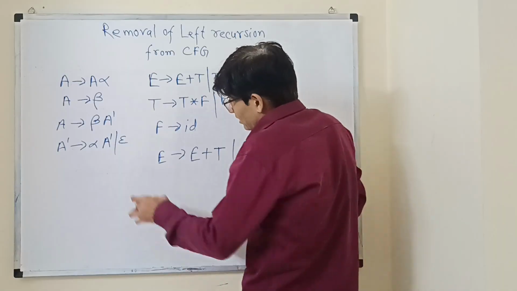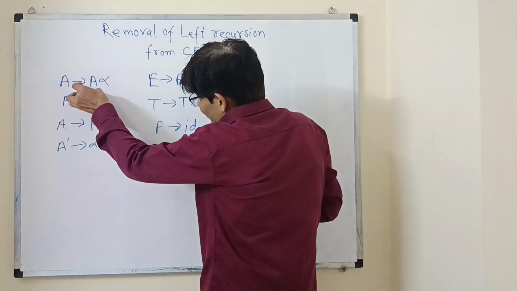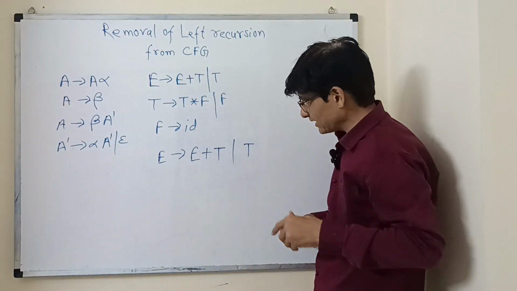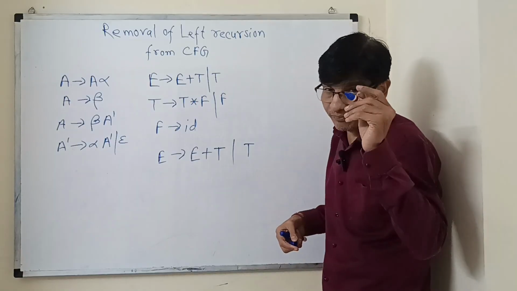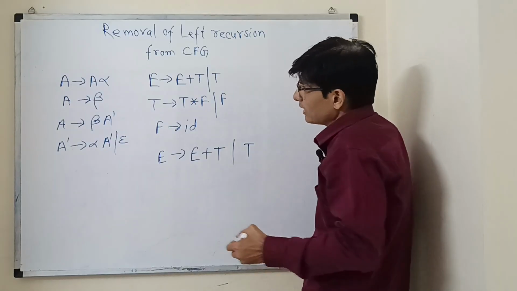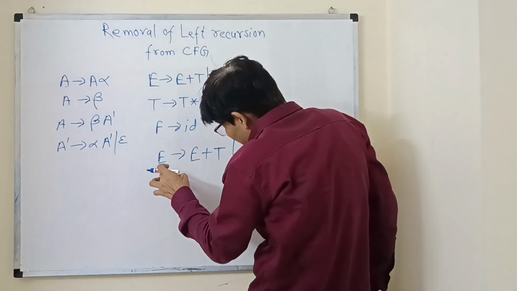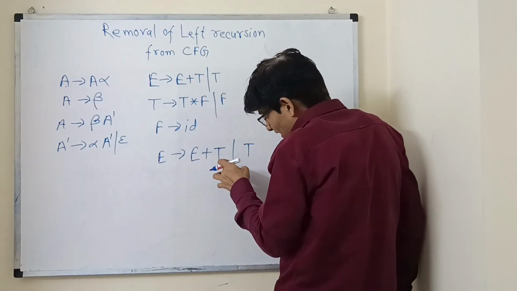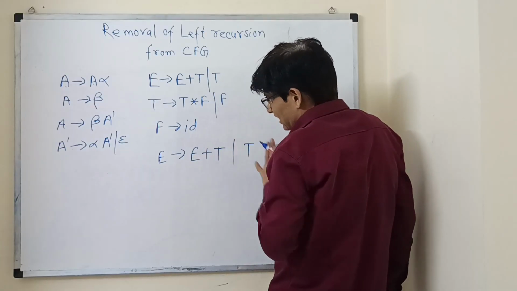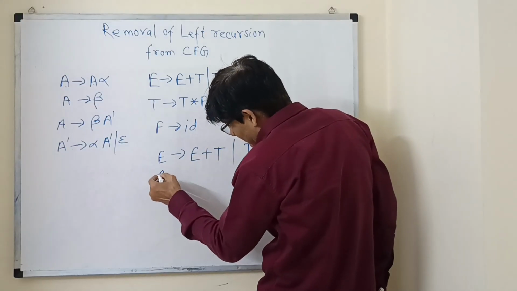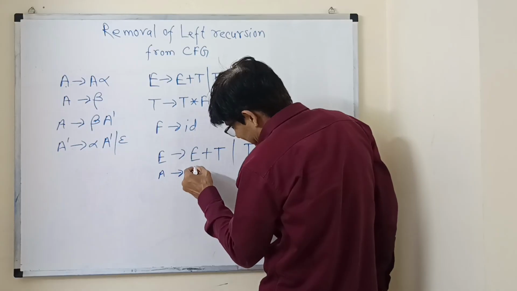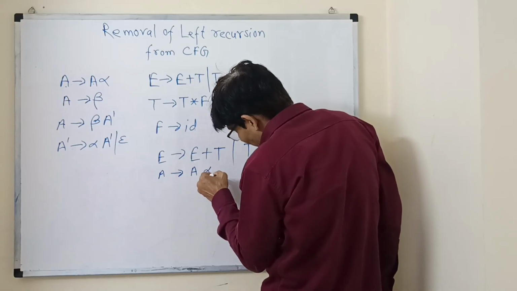So for the left recursive production we have alpha, and you need to identify the alpha properly. A gives A alpha means E gives E, and whatever is after E is alpha. So we can consider this as A gives A alpha.